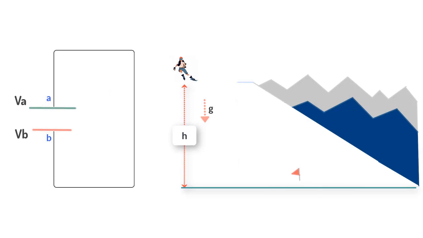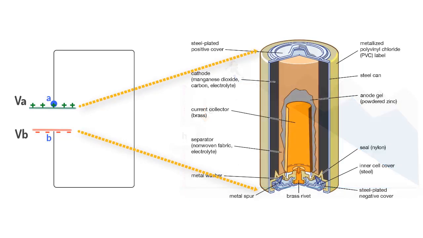So what can we do if we want the current to continue flowing? Well, we need a force that will take this positive charge from this point to this and in the process raise the potential of the charge, quite like the force of the lift that overcomes the gravitational force to take you to the top of the hill. And this force here is provided by the chemical force of the battery.